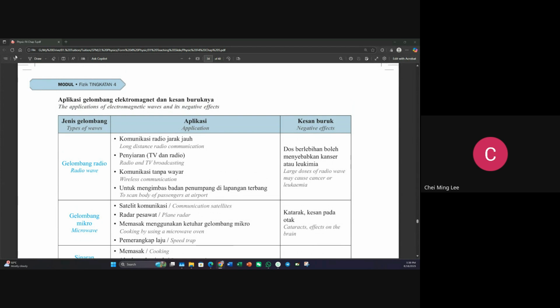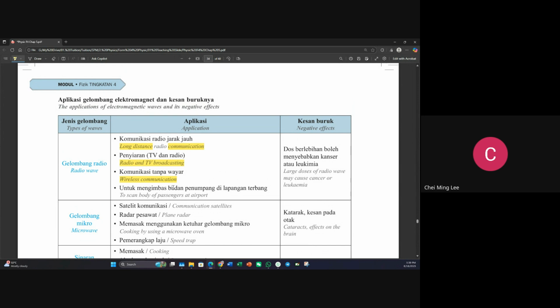The first one, the radio wave, we use it for long distance communication, radio and TV broadcasting, and wireless communication like your handphone.